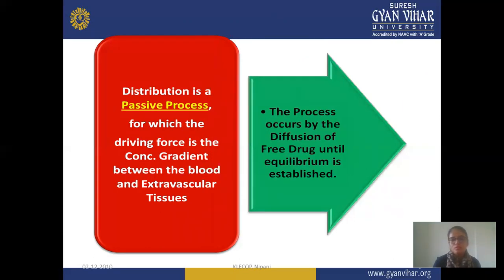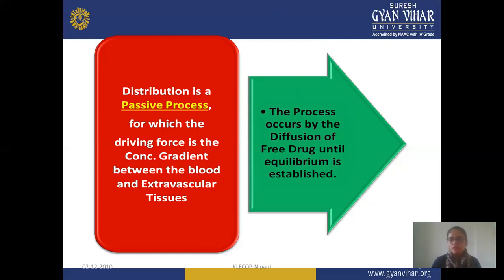The process occurs by diffusion of the free drug until equilibrium is achieved.